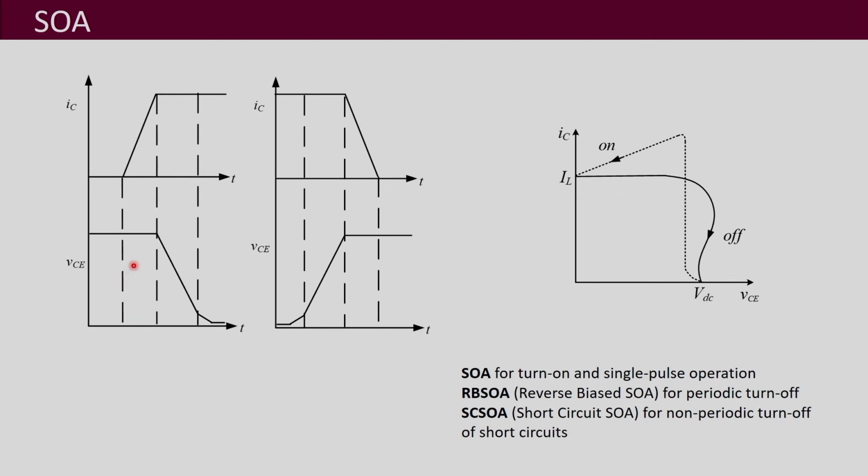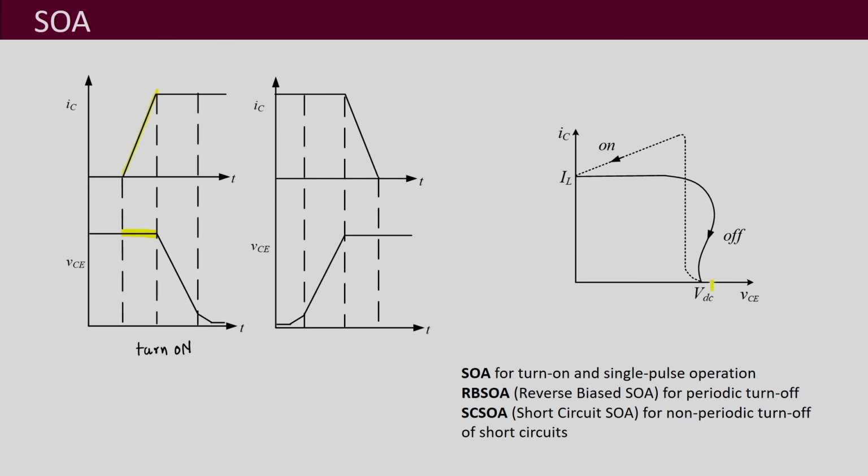So, this shows your turn on process, and during turn on what happens is that first there is a delay and then after that the current increases, and at that time the collector to emitter voltage is not changing much.